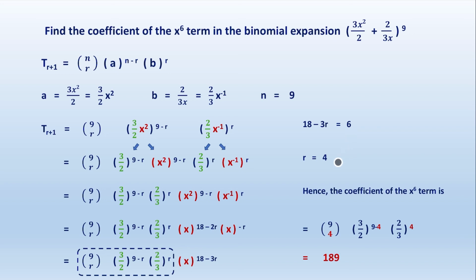If you find that r is not a whole number, not an integer, then the conclusion is that this expansion does not have a term where the power of x is 7. And this is how you can apply this formula to prove if a binomial expansion contains a particular term.